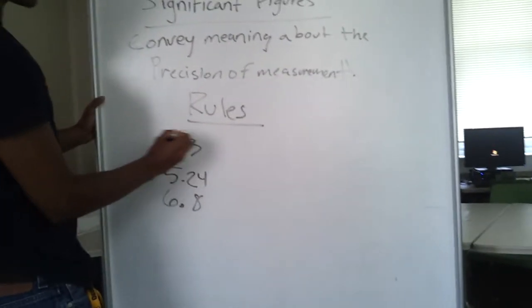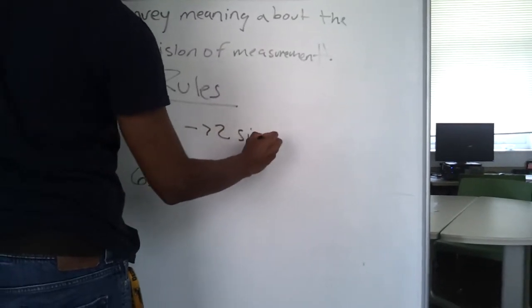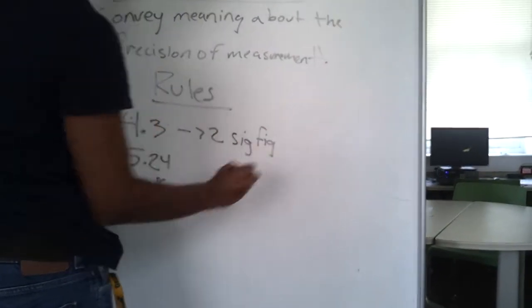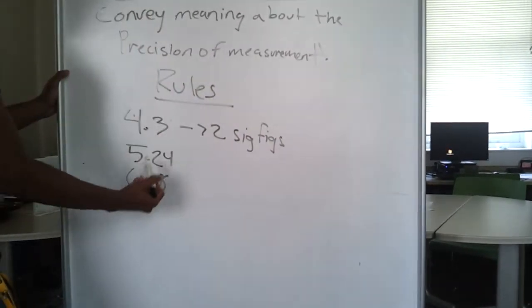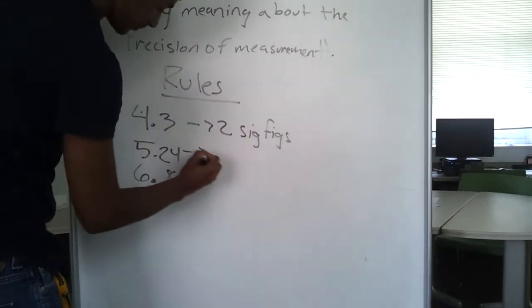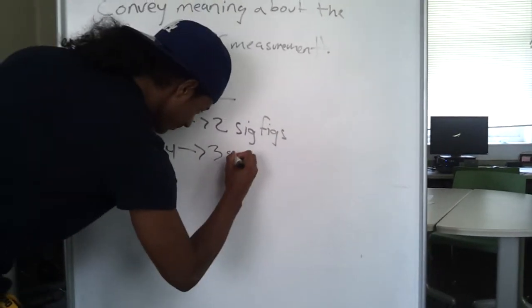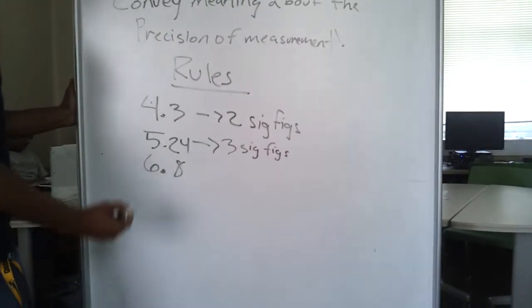So here we have 1, 2. And I'm going to denote significant figures as sig figs. This one here has 3, 5, 2, and 4 each. And this one here has 2.